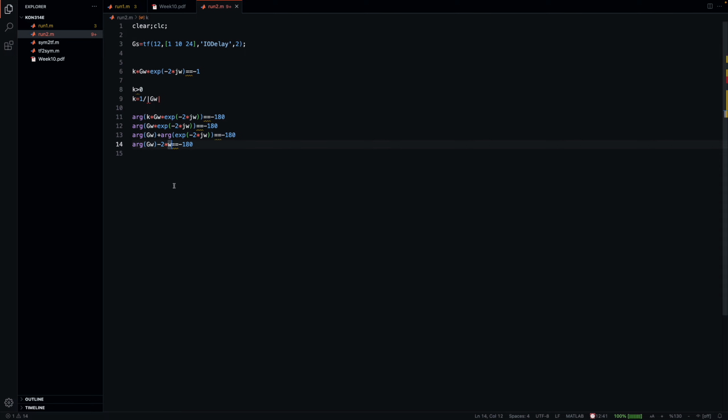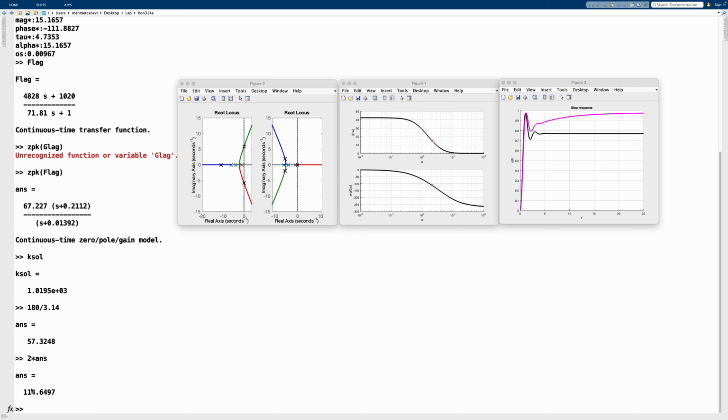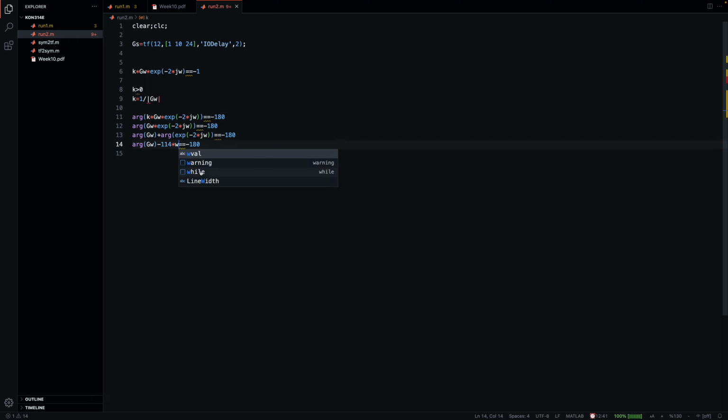So we have to change the units of this. So this should be times 180 divided by pi, or 3.14. So let me just calculate this. It is going to be 57 something. Let's have 2 times that, so let's say 114 approximately. Now we have basically matched the units here.